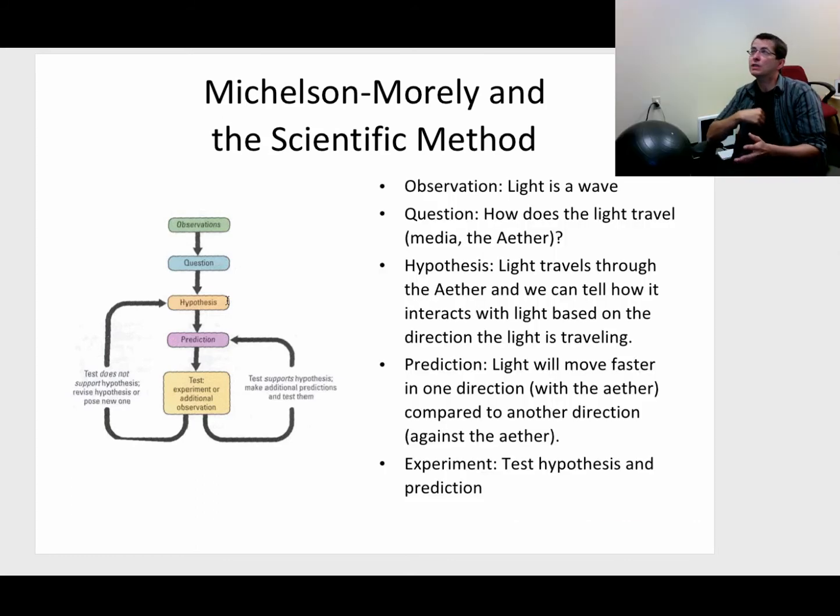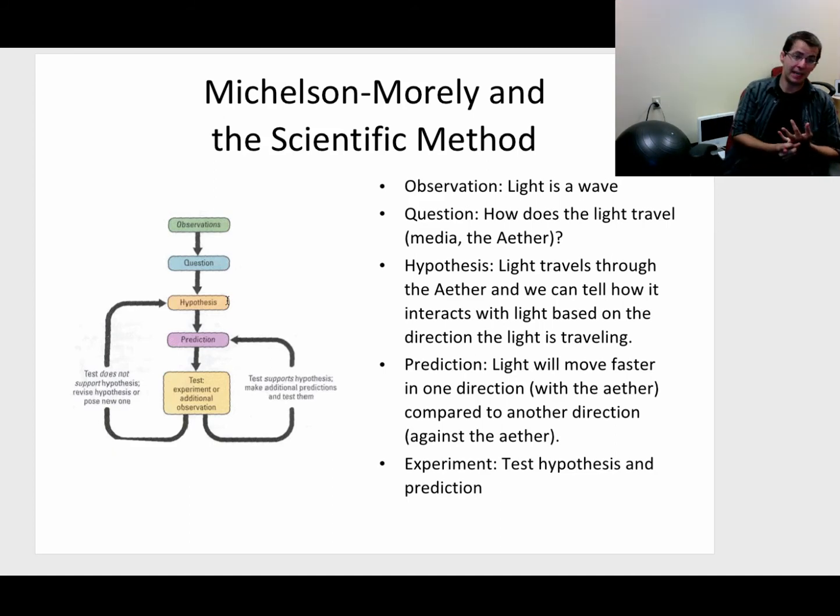So one of the observations is light. Light is a wave. Right? Light has wave-like properties. This is something that was determined early. And these wave-like properties have certain implications. And the question is, how does light travel? What we know about waves in general, like the waves on the beach or sound, sound is a wave, is that waves propagate through something. Waves have a tendency to propagate through water.